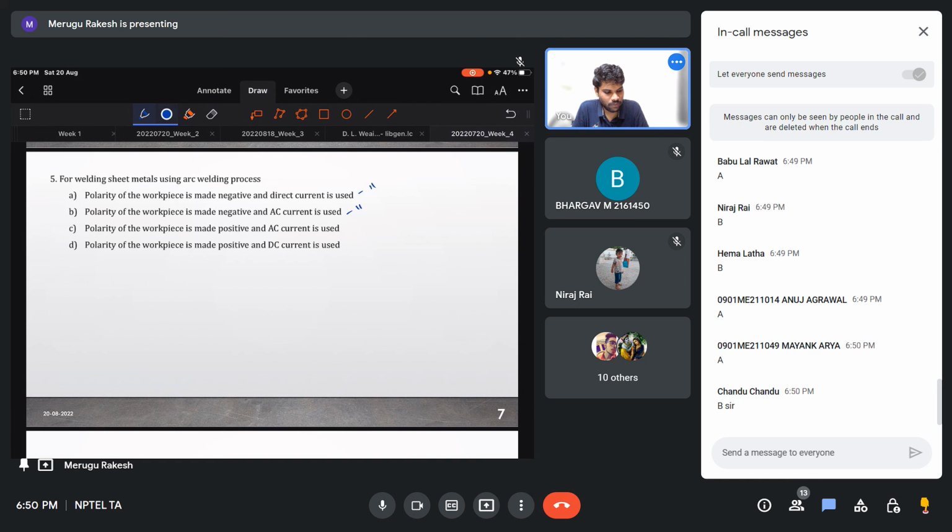Okay, B. Let me put it this way. If I use straight polarity, here nothing is mentioned, but by convention we say straight or reverse polarity.